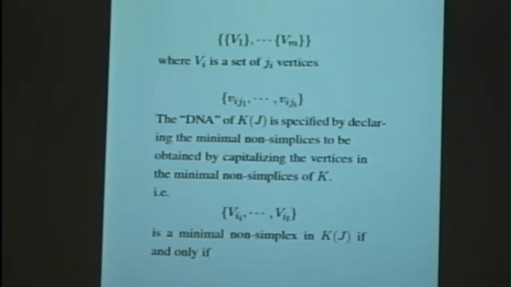So I replace V1 with J1 vertices. I call that capital V1. It's a set of vertices. I replace V2 with J2 new vertices, and I call that capital V2. That collection is a new collection of vertices, and I describe the minimal non-faces, and that determines a simplicial complex. That's the sequence of ideas.